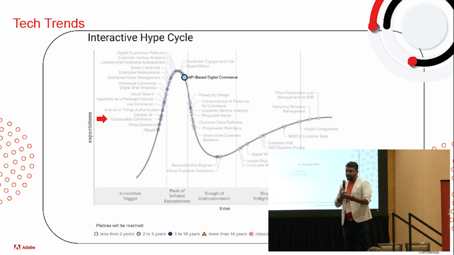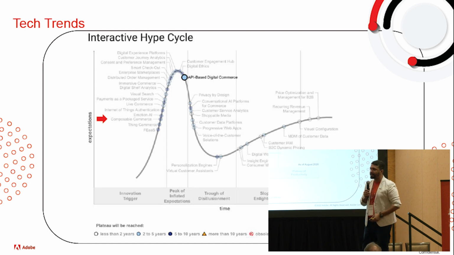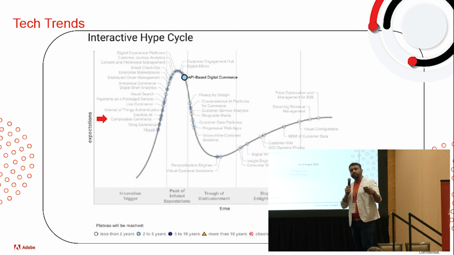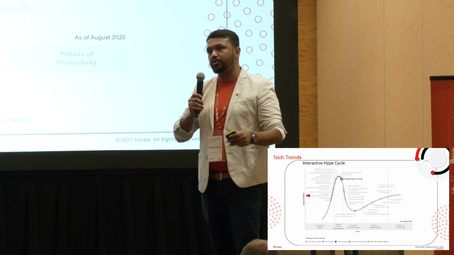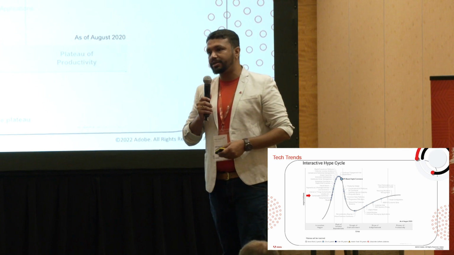This is the hype graph, right? The trends published by Gartner. If you see in this graph, if you go back to 2018, 2019, we were talking about headless. Whoa, what is this? This is something new, right? Then came the PWA stories, right?